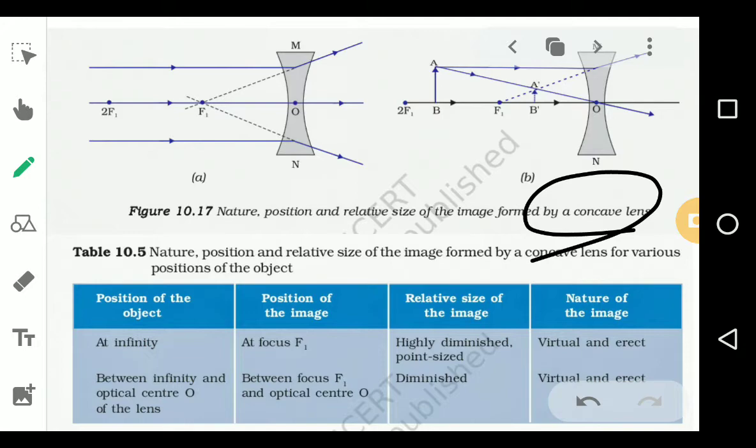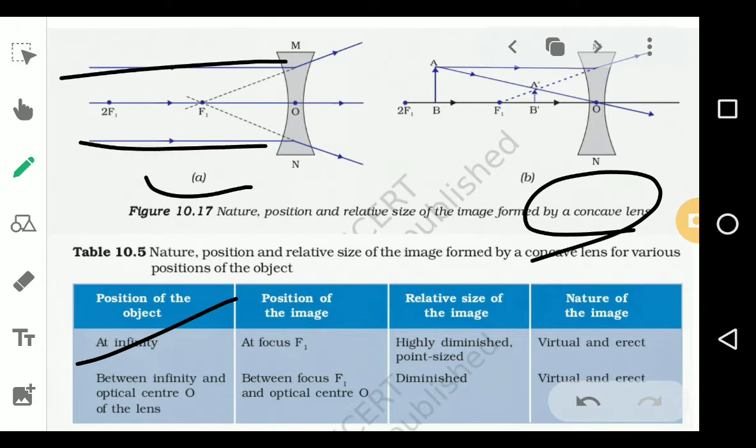Okay, so in concave lens also there are only two positions to be discussed here. One is when the object is present at infinity, the parallel light rays are coming. The other is anywhere between infinity and optical center.